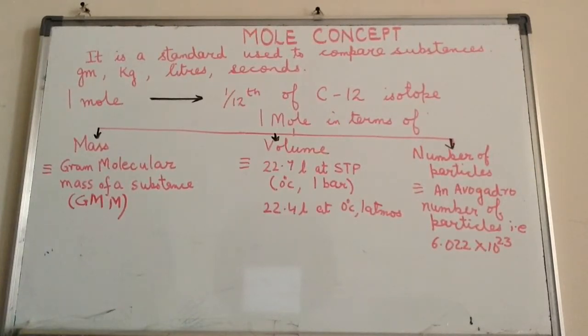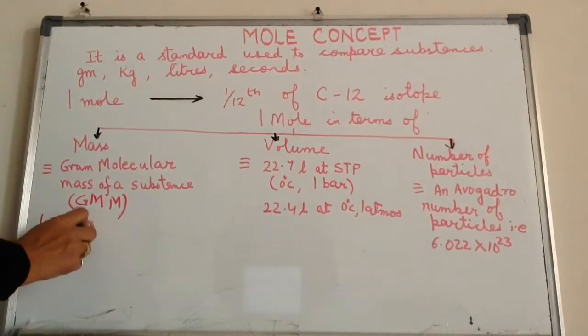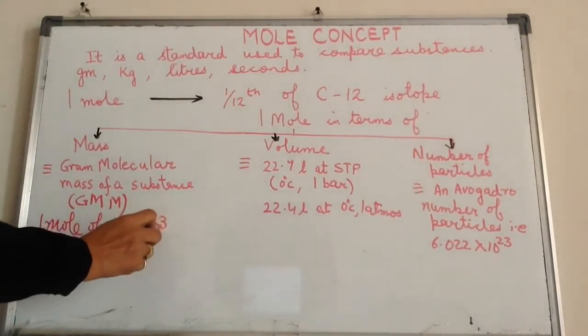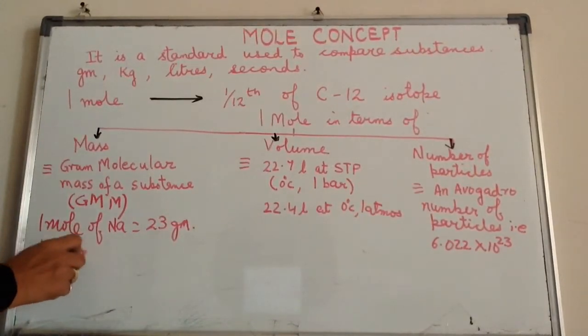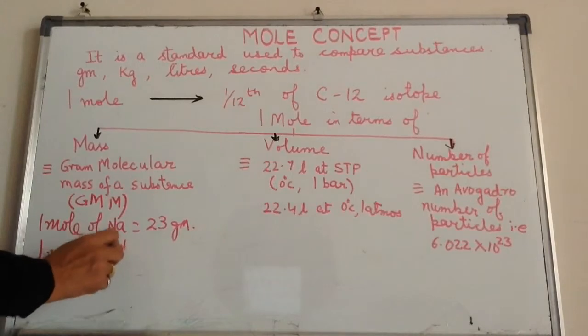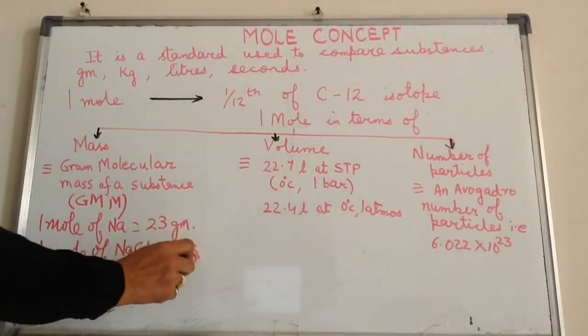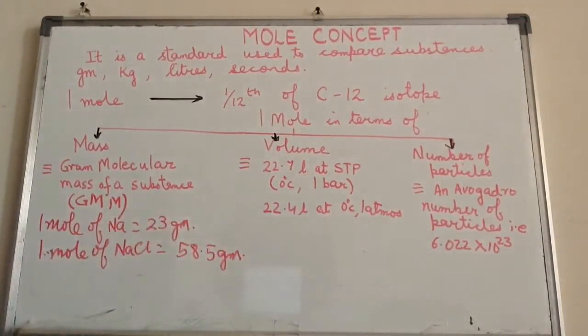So, when I say 1 mole of sodium, that would simply mean 23 grams of sodium. As simple as that. If I say 1 mole of sodium chloride, NaCl, I would simply mean 58.5 grams of sodium chloride, that is equal to its gram molecular mass, the molecular mass expressed in grams.